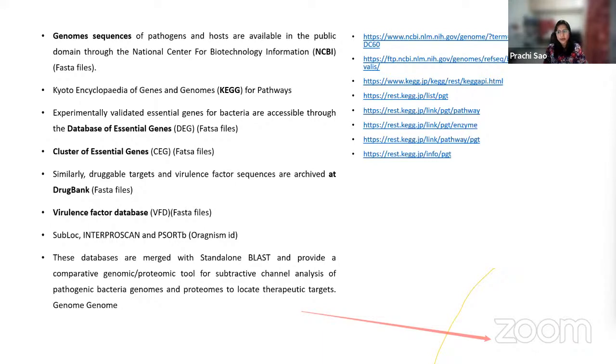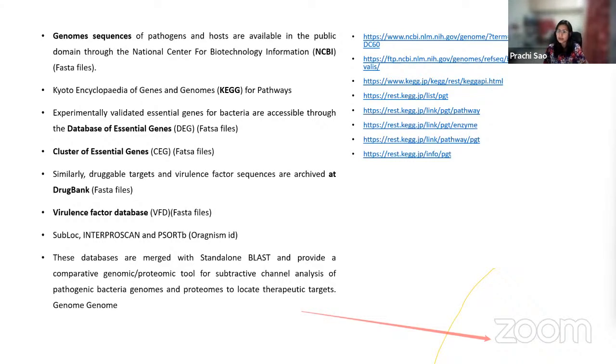Instead, you can download the sequences and run them on your system, so that will give you a similar output every time. The second reason is that if you do not have a very good internet connection, you can still do a very efficient sequence similarity search using standalone BLAST.